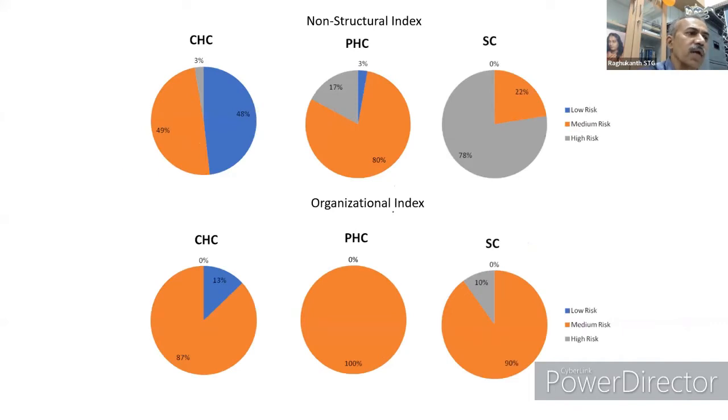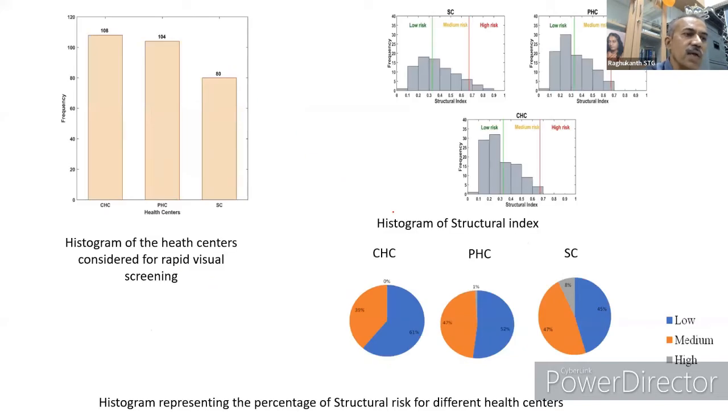So the organizational index, as I already told you, structural components, all those things we have done. And finally, these are the structural index. We have classified low, medium, high, and we got all the numbers: how many in structural component, non-structural component, organizational. Then we combine all of them and finally give one type of rating for all these hospitals.